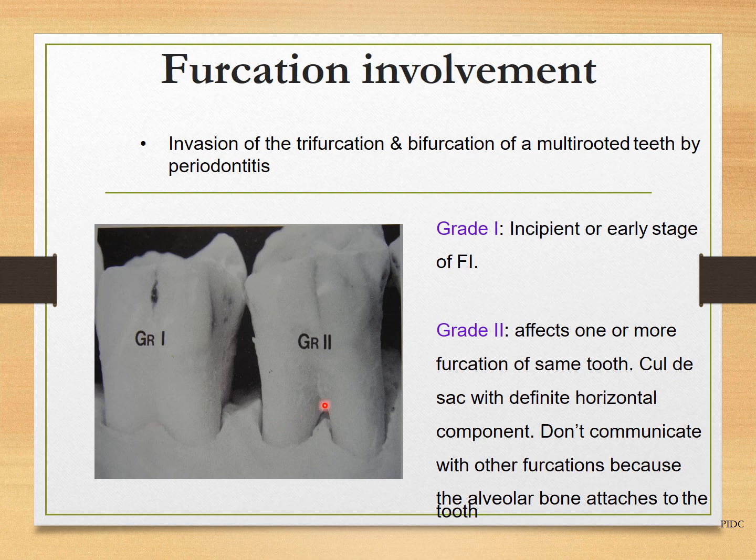Grade 2, you can see one or more furcations of the same tooth have lost some amount of bone, that is, one wall will be lost, which enables the entrance of the probe into the furcation area. So that is grade 2 furcation involvement. It can be called a cul-de-sac, with definite horizontal involvement. This will not communicate with other furcations because alveolar bone attaches to the tooth.